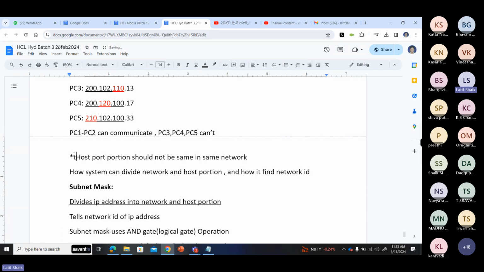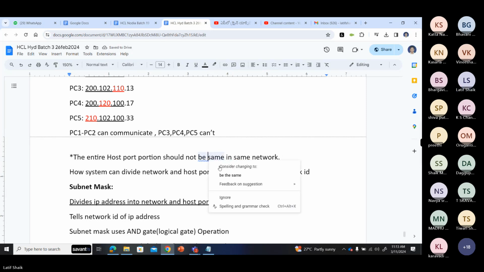Otherwise, the entire host portion should not be the same in the same network. So this is the point.